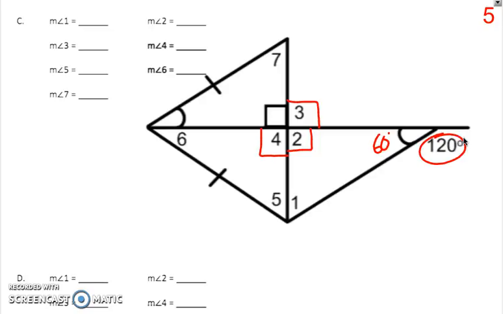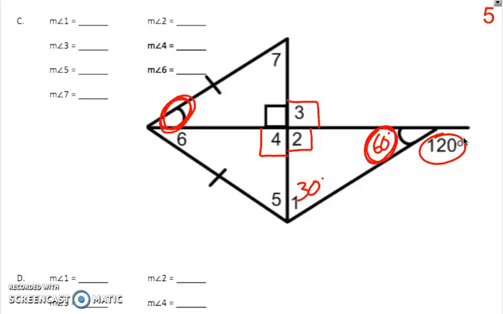Now the next part, I'll go to number 1, angle number 1. In this triangle to the lower right, we know that there's 180 degrees in the triangle. We're going to subtract 90 and 60 from 180, and we know that this is going to be 30 degrees for angle 1. I also see I have an arc mark here by the 60 degrees, so there's another arc mark over here.